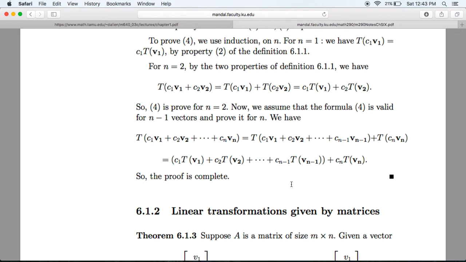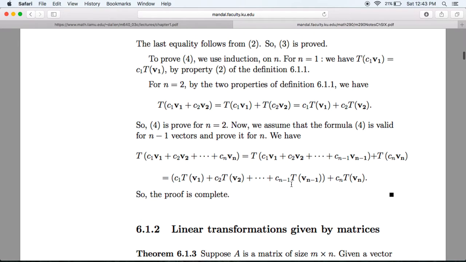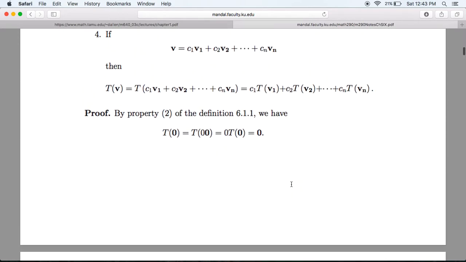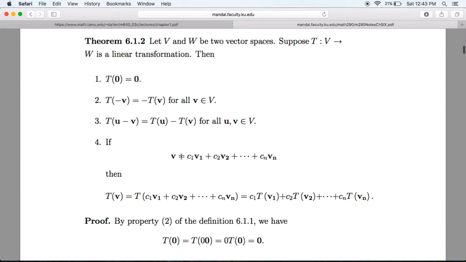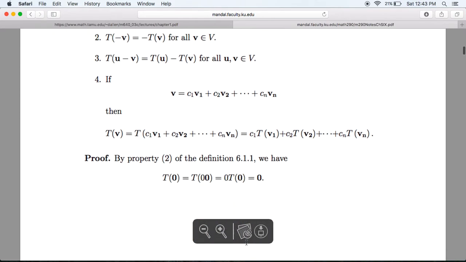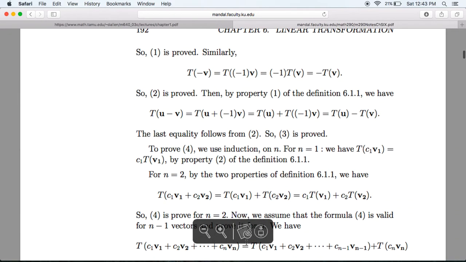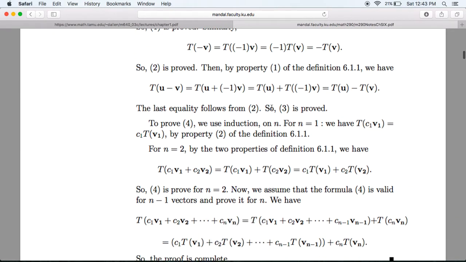This is actually proved by induction. We see that for n equal to 1, this turns out to be true from the definition of linear transformation. And I suppose that this turns out to be true for some n minus 1 of the vectors.